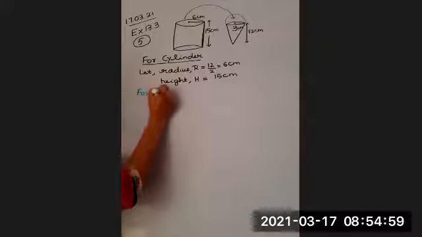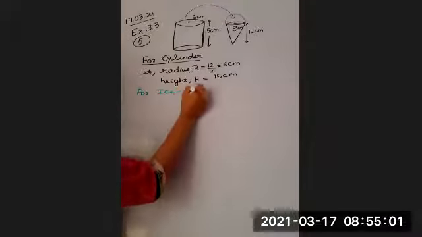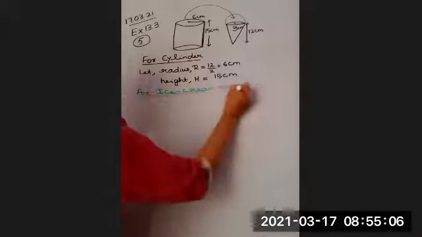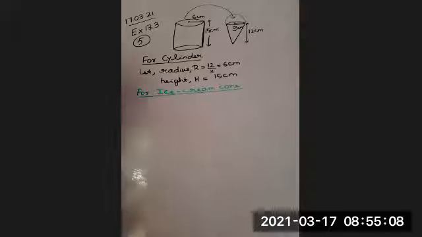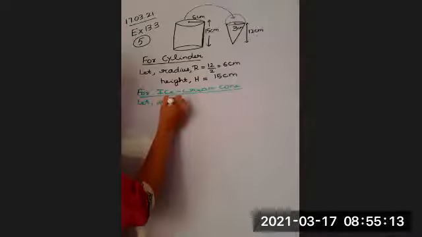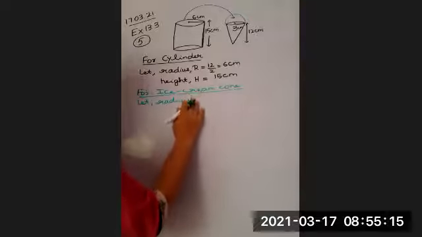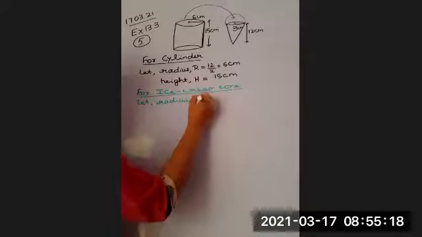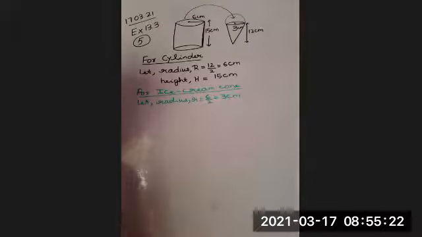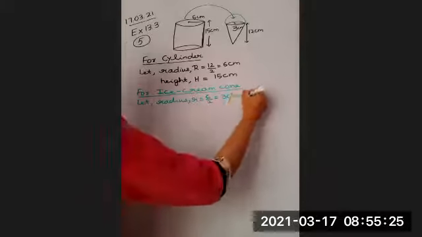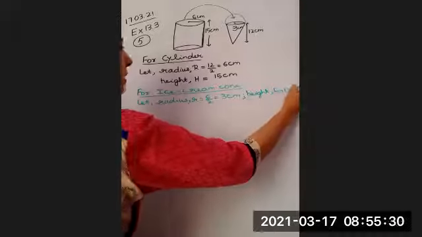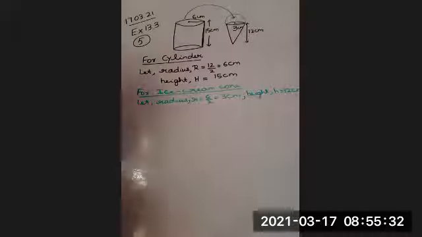For ice cream cone, let radius small r, 6 by 2 is equal to 3 centimeter and height, let us take it to be small h, 12 centimeter. Right?